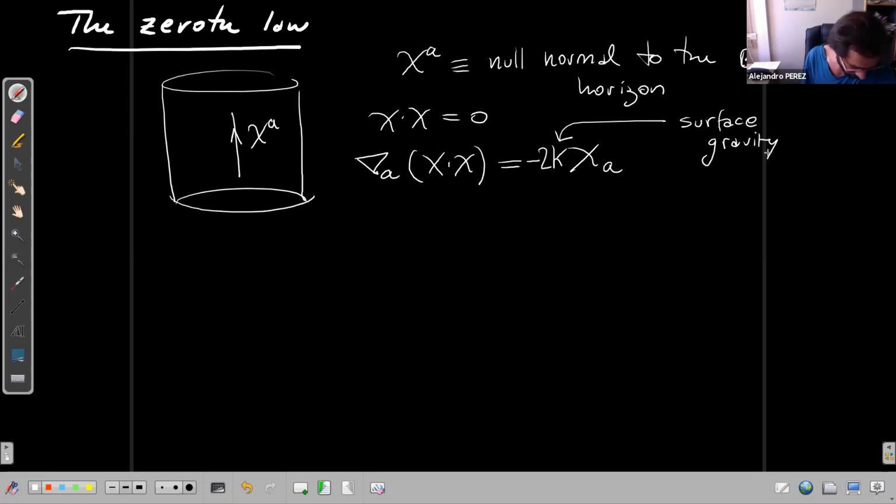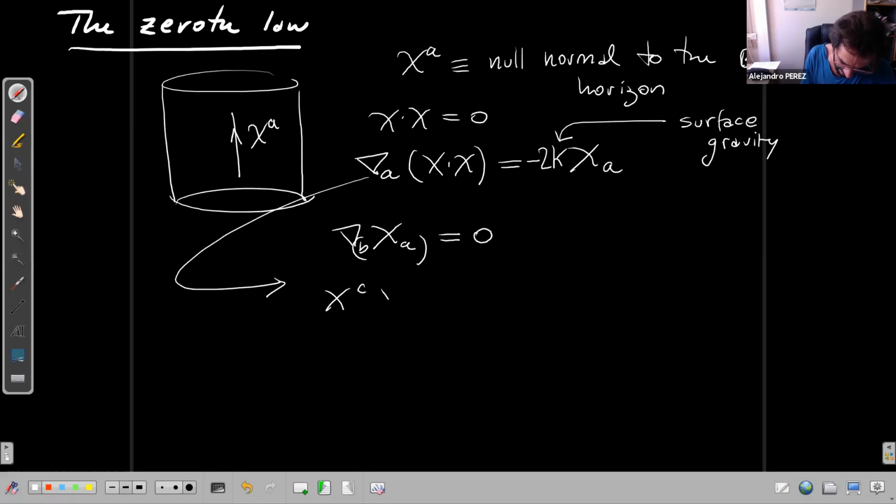I introduce it that way because just by using that chi^A is a Killing field, and using the Leibniz rule, from there you can prove, really in two steps, that chi^C ∇_C chi^A equals kappa chi^A.